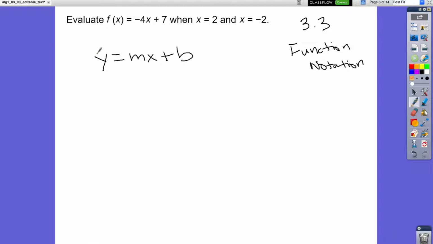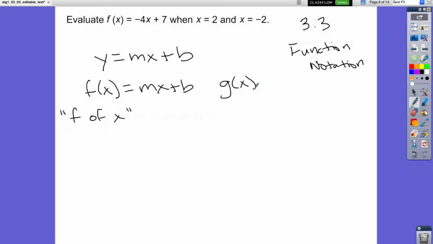Another way to write the y is f of x. So this notation, by writing it as f of x, is called function notation. So this one, how would I say that? G of x. Good.